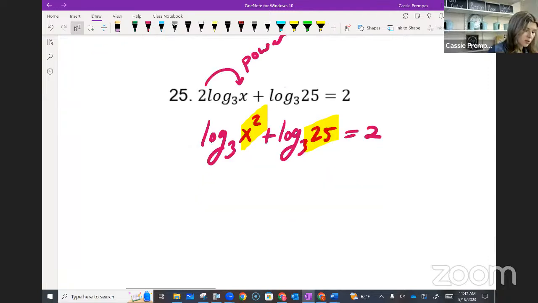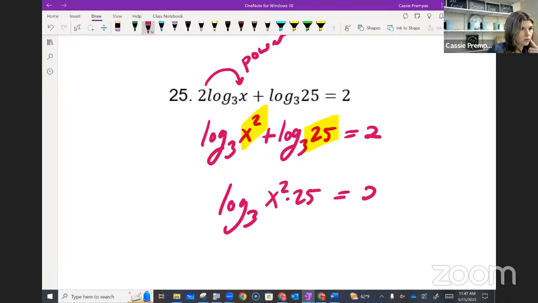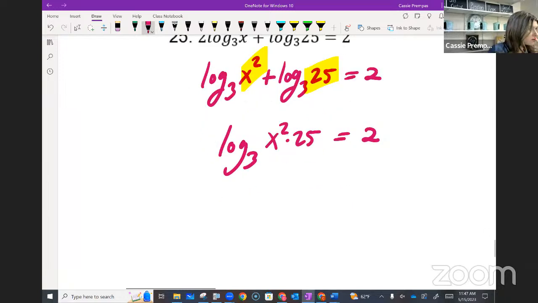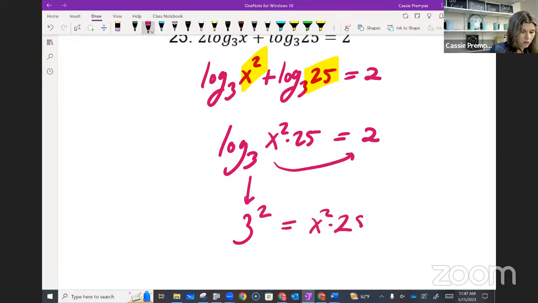You multiply them with those properties. Perfect. So you have log base 3 of x squared times 25 is equal to 2. Where do you go from there? Convert. Perfect. So bring down the 3. 3 to the 2nd power equals x squared times 25.